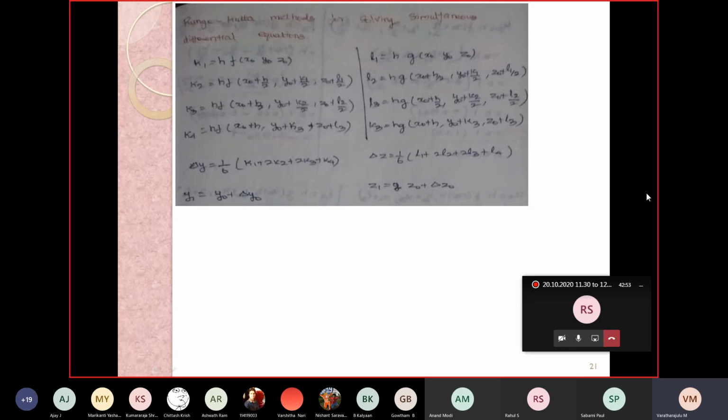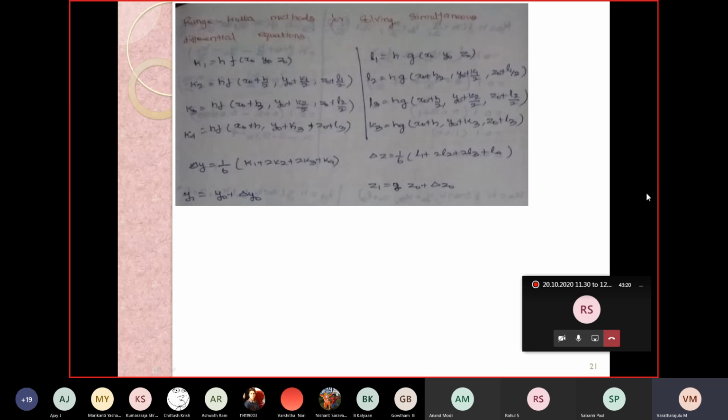That is, k1 is equal to h into f of x naught, y naught, z naught, and similarly we have g of x naught, y naught, z naught. k2, k3 and k4 are all very similar to the earlier formula, but instead we have already introduced the terms h and k. Here with z naught we are going to add l1 by 2.